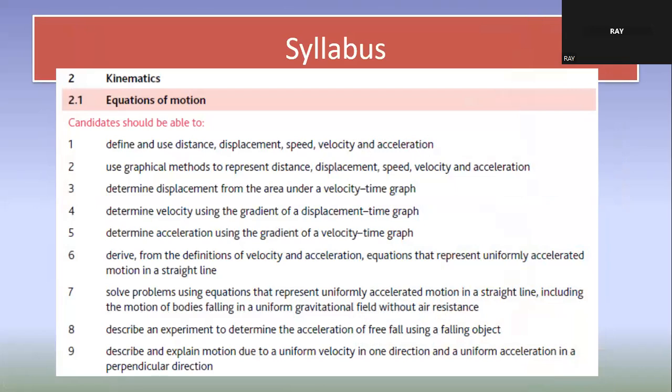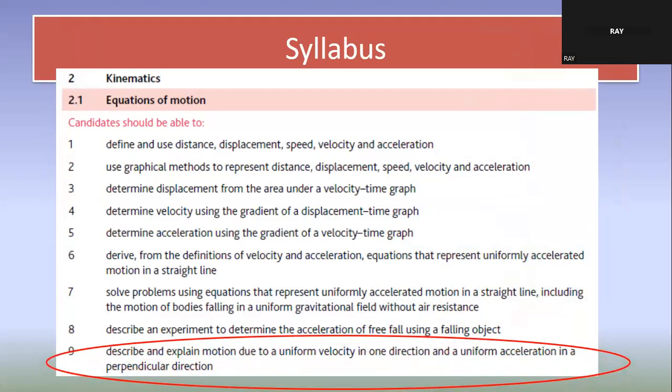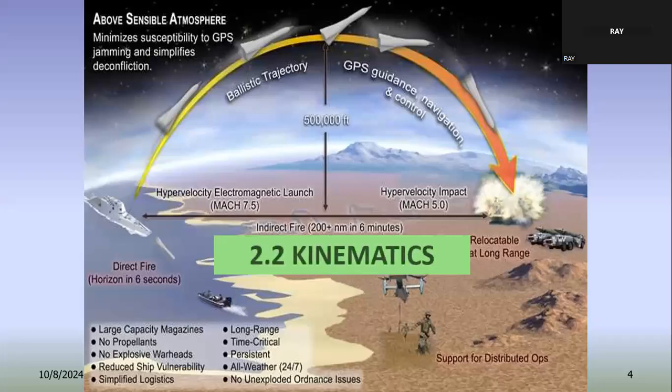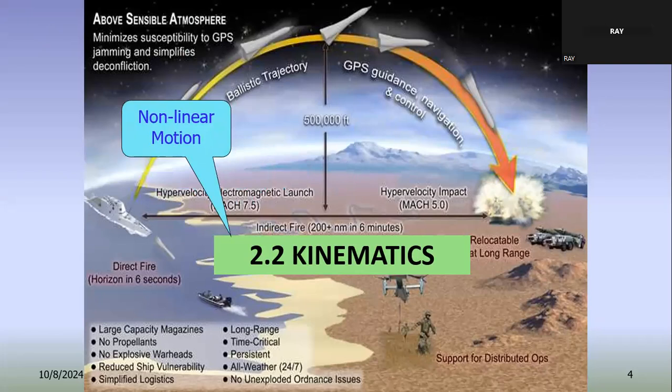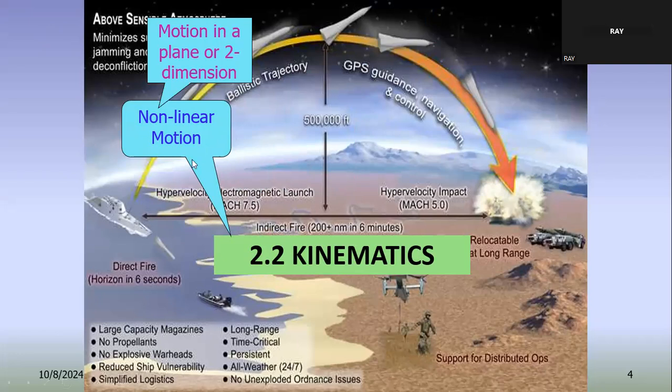This is the part we are covering in the syllabus. This is called non-linear motion, not in a straight line anymore. You can see that the motion is in a curve. Sometimes it's called motion in a plane, or motion in 2 dimensions.